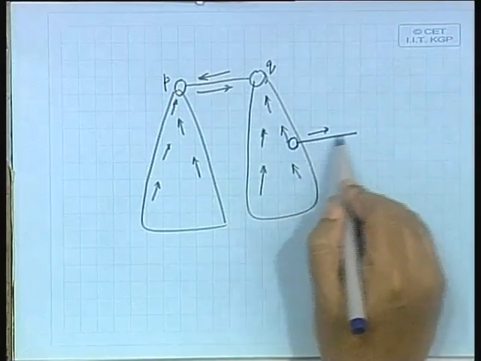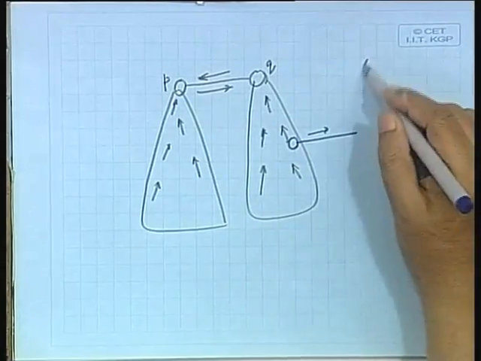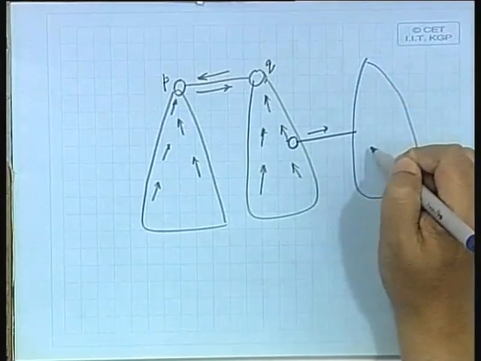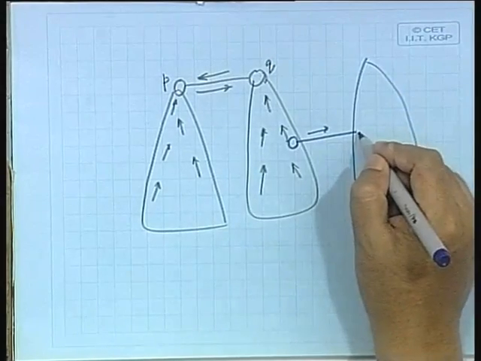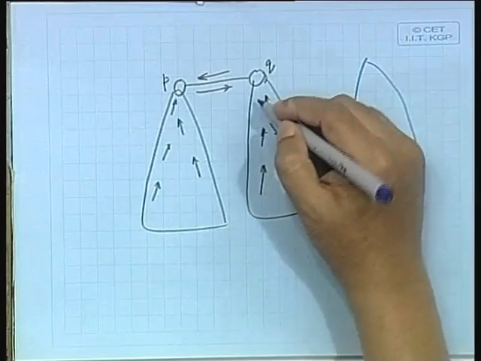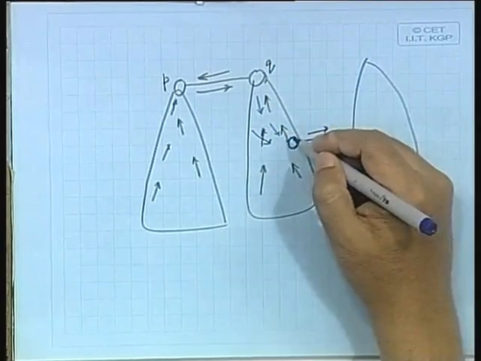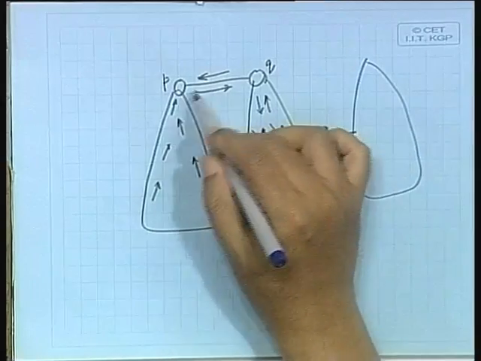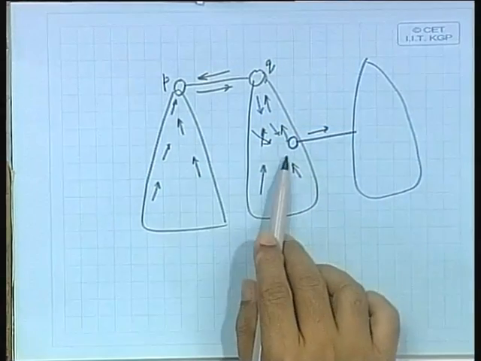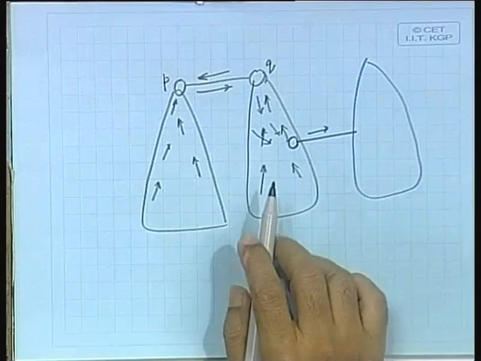And if these two are in the same level, then this will become the core edge. So, all the pointers in this one will reorient in this direction. Now, see these do not have to change because they are already oriented in that direction, right.